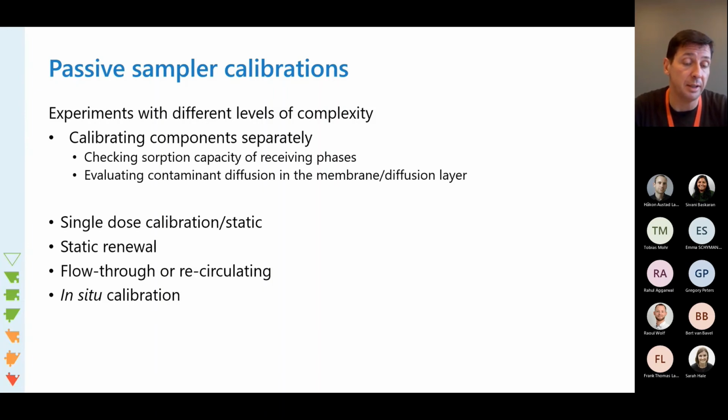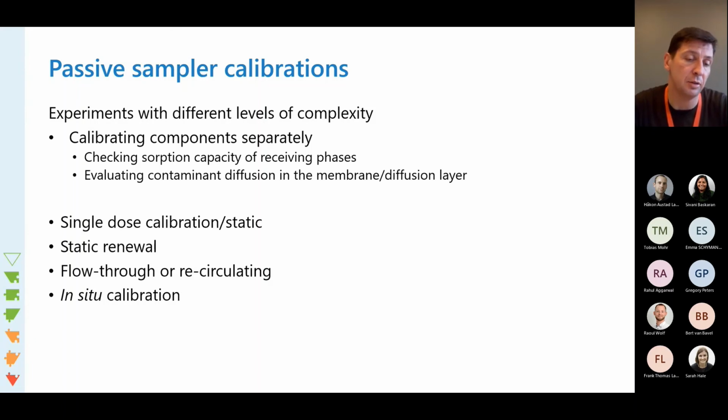One important aspect here as well is that a lot of these experiments have been conducted for many polar chemicals, but there is a difficulty in knowing what the water boundary layer conditions were in these experiments, because you can't really translate RPM in the lab to a specific condition in situ.